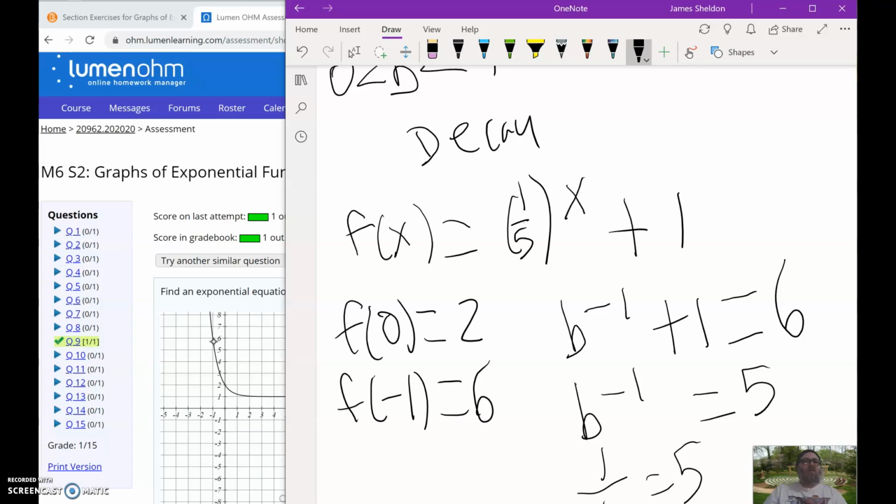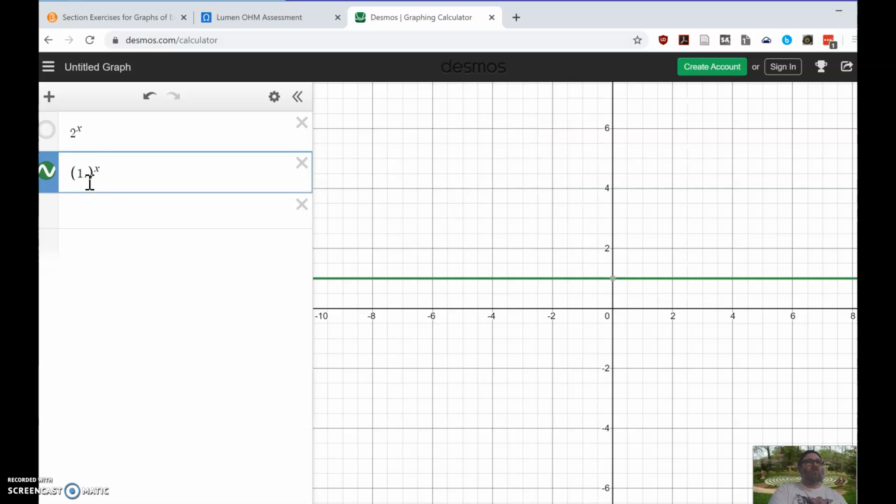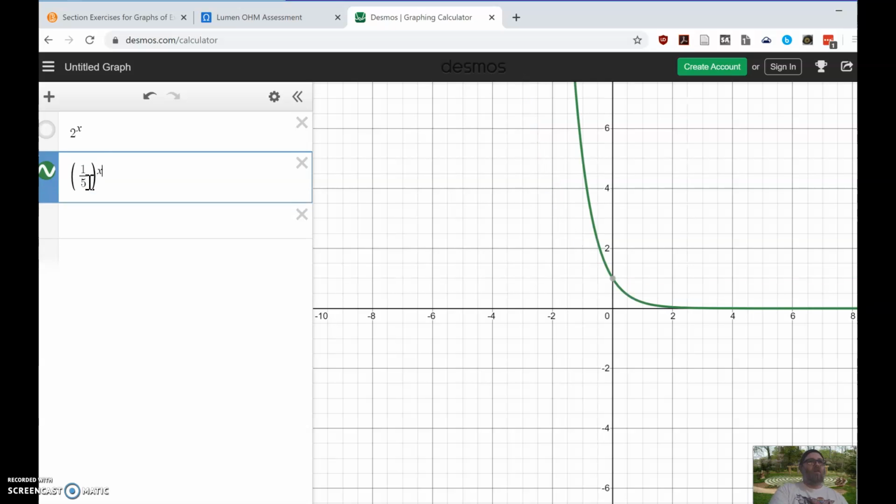And so that's great because it is indeed exponential decay. We know that it satisfies both of our 2 points. And just to check, we can plug it into a graphing calculator. So we'll put in 1/5 raised to the x plus 1.